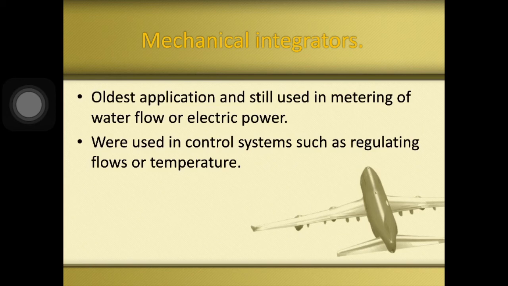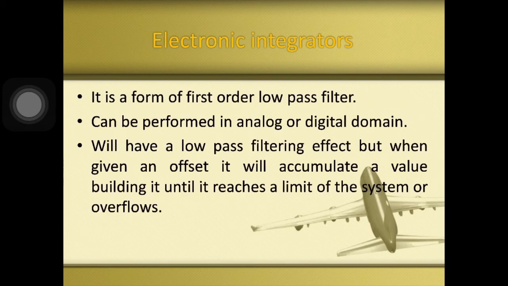They were also used in control systems such as regulating flows or temperature. Electronic integrators are a form of first order low pass filter. They can be performed in the analog or digital domain. It will have a low pass filtering effect, but when given an offset, it will accumulate a value, building it up until it reaches a limit of the system or overflows.